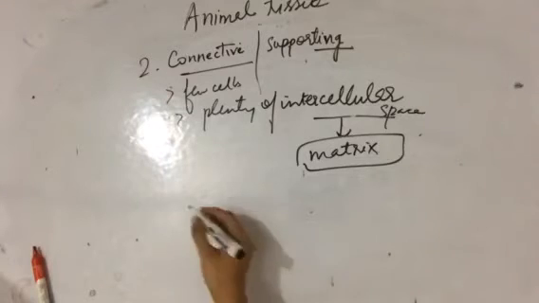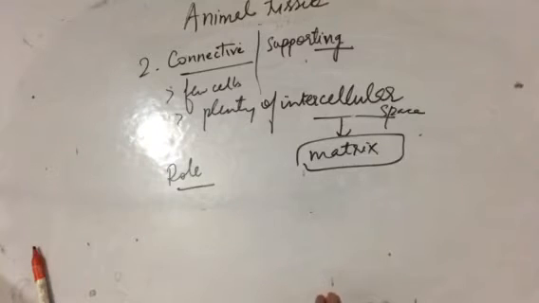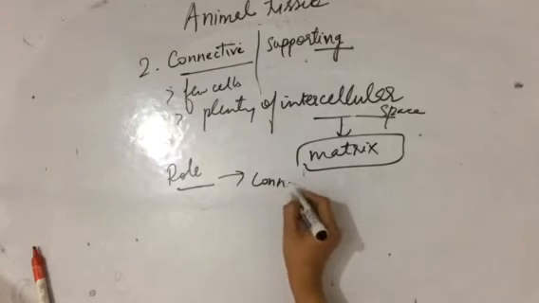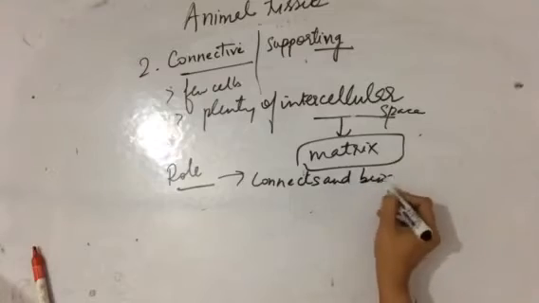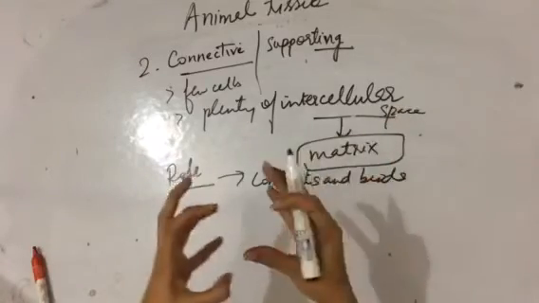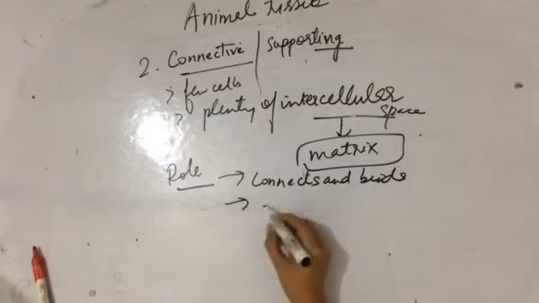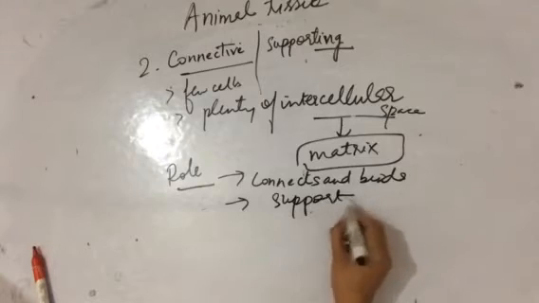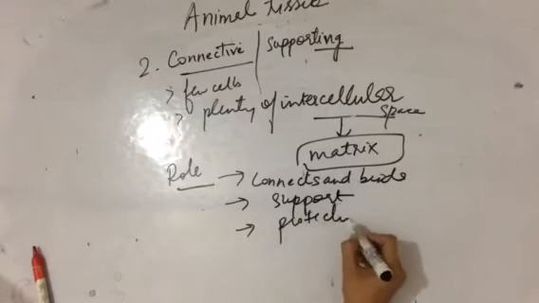Now the role. What role is this connective tissue playing in our body? Firstly, it connects and binds various organs. It is keeping the organs together. Number two, it also provides support wherever it is present, and it also gives protection.